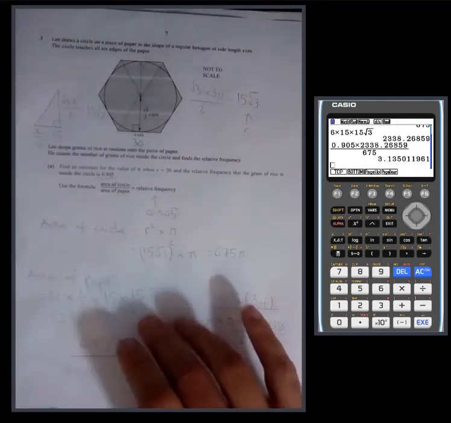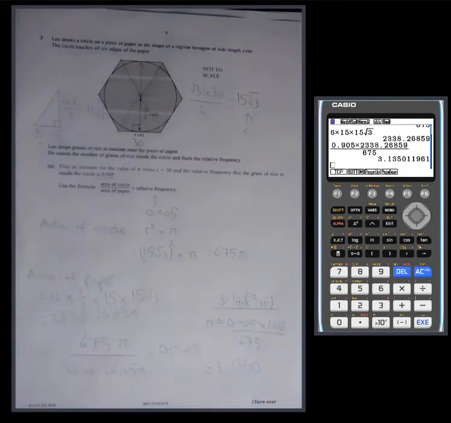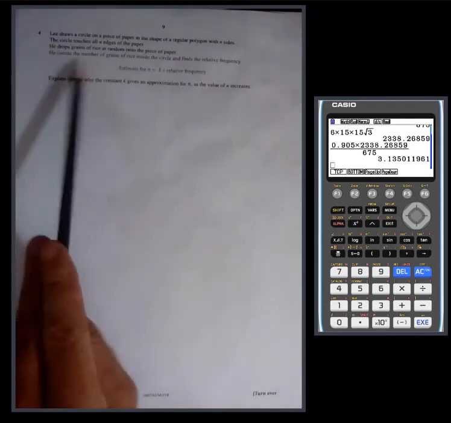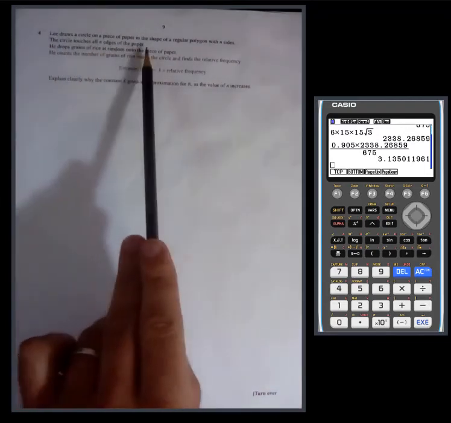Then we said, what about a regular polygon with more sides? So the same method, but we're getting more and more sides. Now what you'll find is, with regular polygons, the more sides you get, the closer and closer they get to being circles. So the question we're being asked: the circle touches all n edges of the piece of paper.